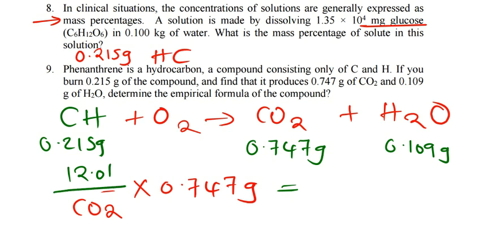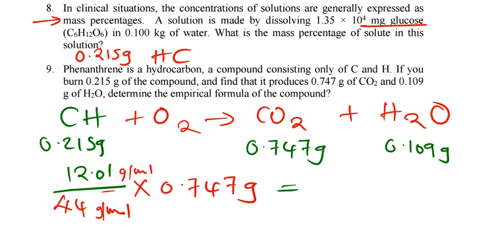On the bottom we put the entire carbon dioxide, which has the carbon plus the 2 oxygen atoms, 16 each. When you add, in short, the relative molecular mass of carbon dioxide is approximately 44 grams per mole. So that would give us the mass of carbon.